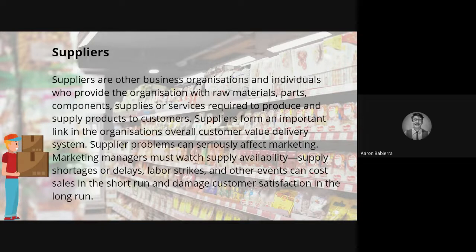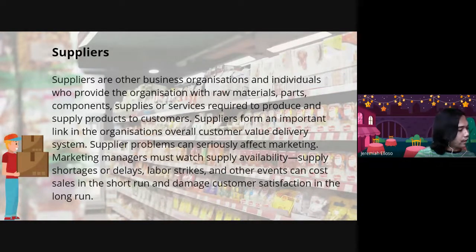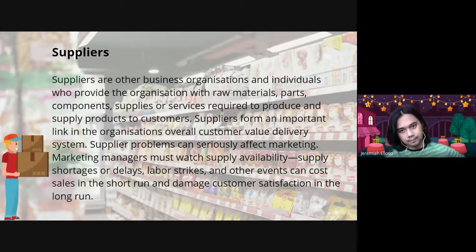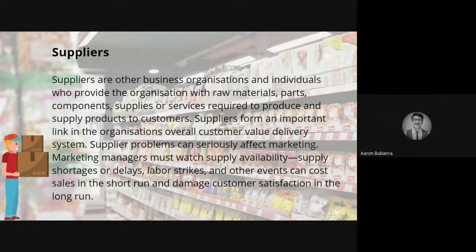Can you further explain what you have read? As mentioned in the slide, suppliers are other business organizations and individuals who provide the organization with what it needs. In our industry, they are the ones supplying or providing our raw materials, what we need in the industry.